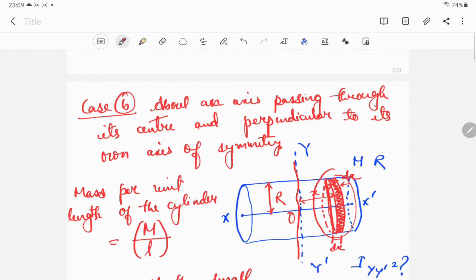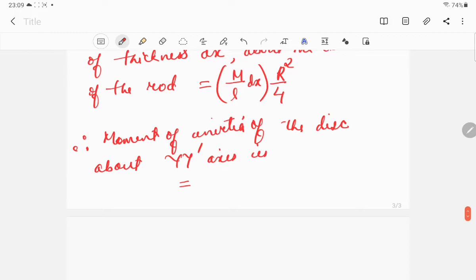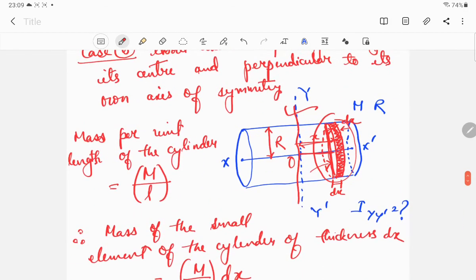So the parallel axis theorem says that the moment of inertia of this disk about this axis will be equal to the sum of the moment of inertia of the disk about its diameter, that means this thing, and the product of mass into distance. What is the distance between this? So the distance is x. So we have from the parallel axis theorem, first of all, the moment of inertia of the disk about the diameter itself. So let me remove some of the unnecessary parts.